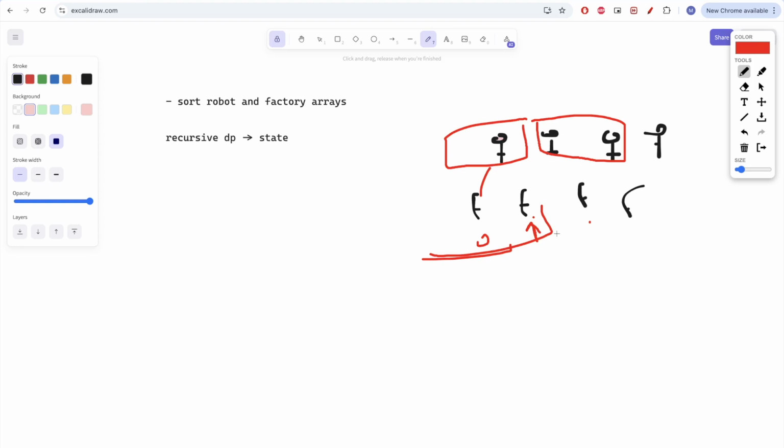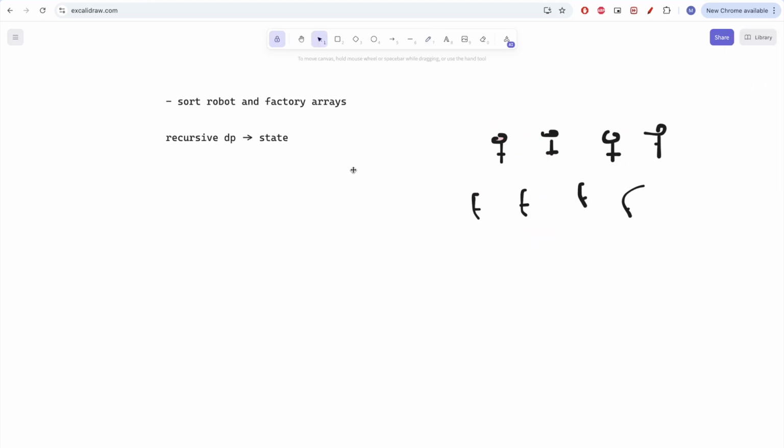Well, we need to know which position we should start considering, because if we already reached the limit for this one, when we are trying to assign this robot, it doesn't make sense to look at this one. So each time we need to have the index of the robot we are at and the index of the factory.